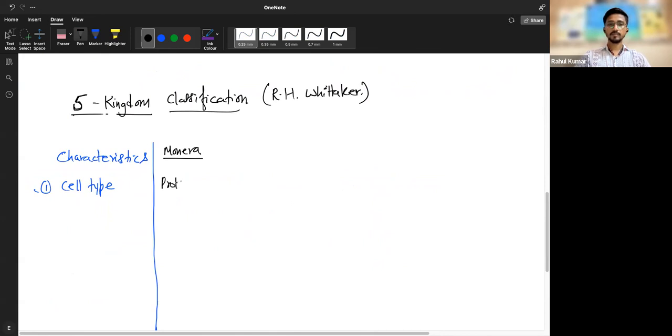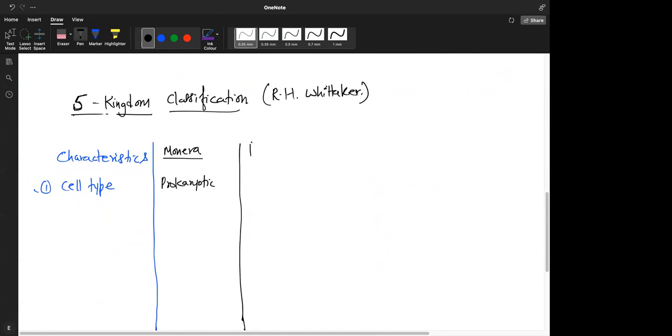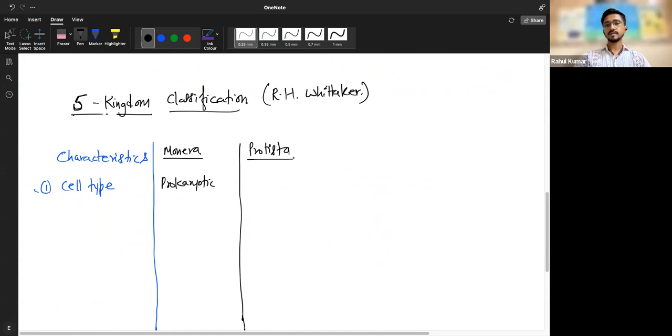Monera are prokaryotic. Then the second one is Protista. Protista is eukaryotic. So from Protista, eukaryotes start. This is the simplest eukaryotic.